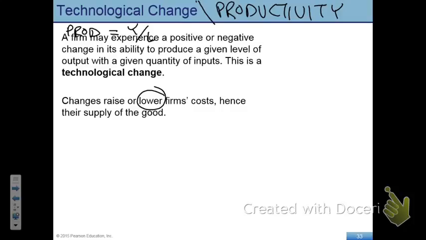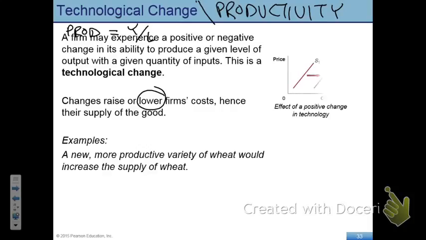That is going to cause our supply curve to shift to the right. So a technological change is always indicated by a rightward shift of the supply curve.